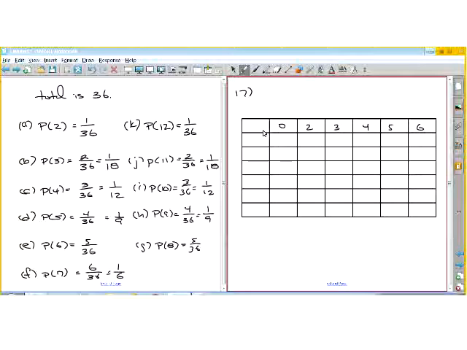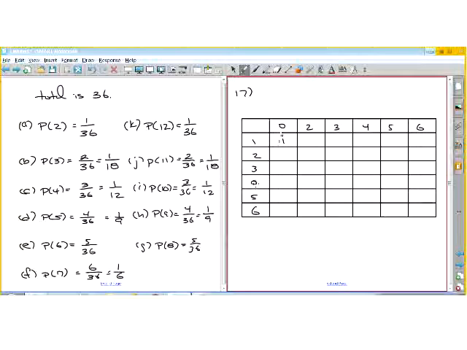And the other die has a blank face where there are 4 dots. So we go 1, 2, 3, blank, 5, 6. And now we're going to add.